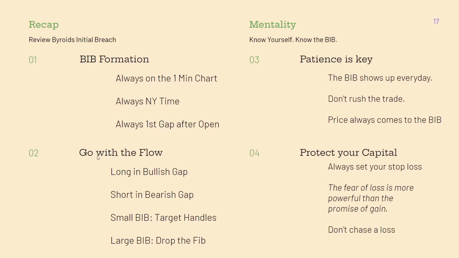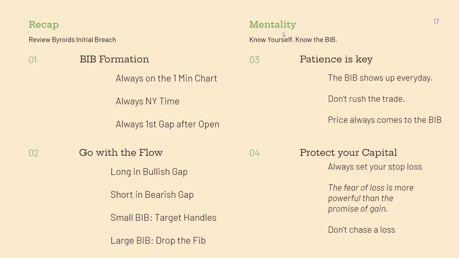Make sure you go with the flow. If you are in a bullish gap, your orders will be long, and if it's a bearish gap, your orders will be short. If you are presented with a small BIB, use handle targets for your target prices, and if you have a large BIB, drop that fib.